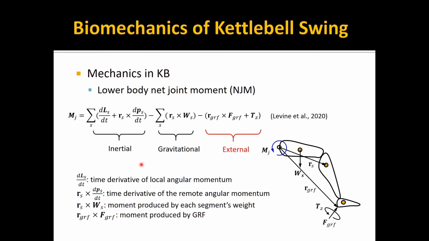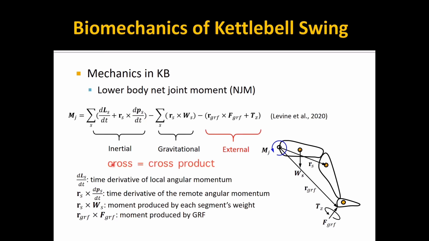Now in this formula, this part means the time derivative of local angular momentum, which is due to the rotation of the segment about its own center of mass. And this means the time derivative of the linear momentum of each body segment.